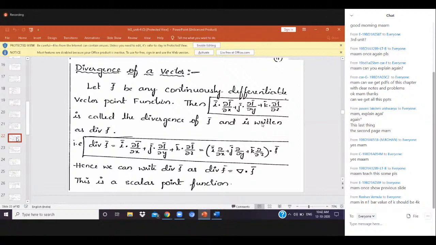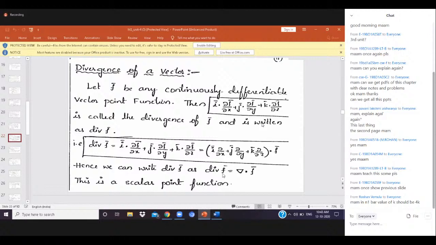The symbolic representation is i bar dou by dou x plus j bar dou by dou y plus k bar dou by dou z, dot f bar. If there is no dot and only a scalar function is there, it does not come under divergence. If there is a dot and a vector point function is there, that comes under divergence.